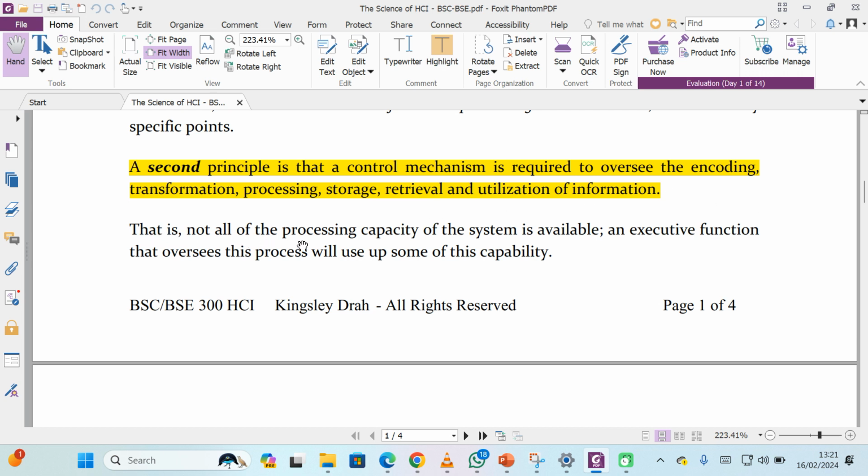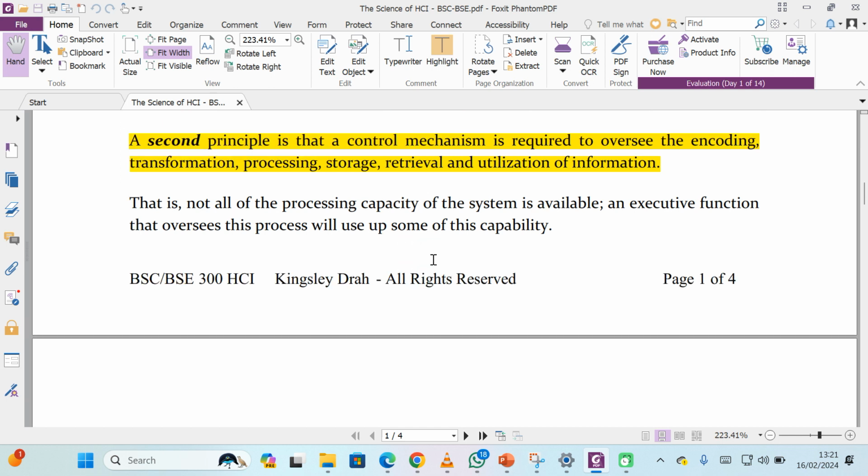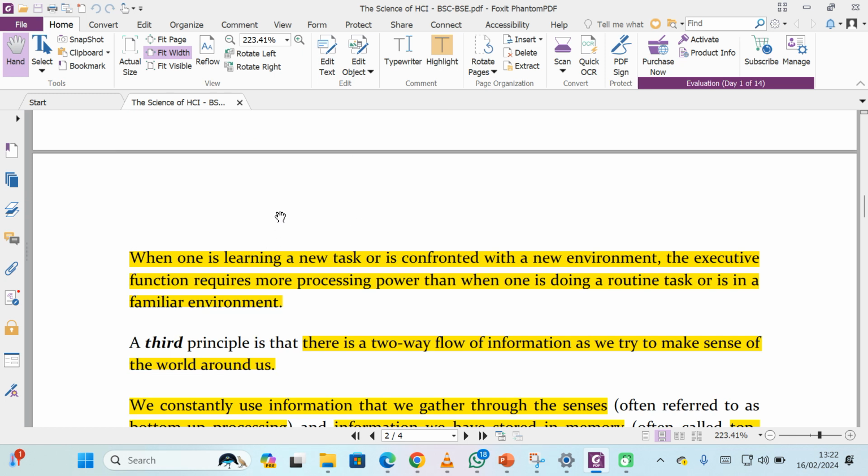That is, not all of the processing capacity of the system is available. An executive function that oversees this process will use up some of this capability. To further explain this, let's use an example. When one is learning a new task or is confronted with a new environment, the executive function requires more processing power than when one is doing a routine task or is in a familiar environment.